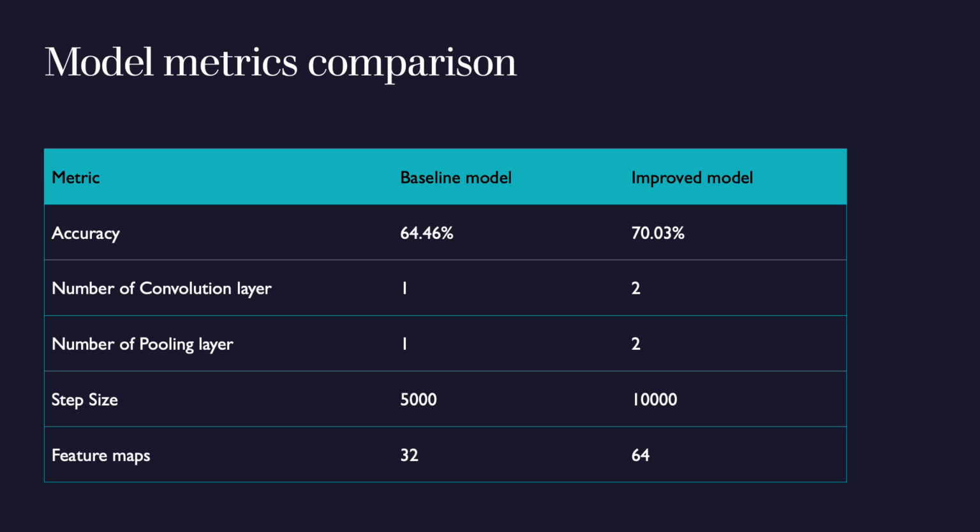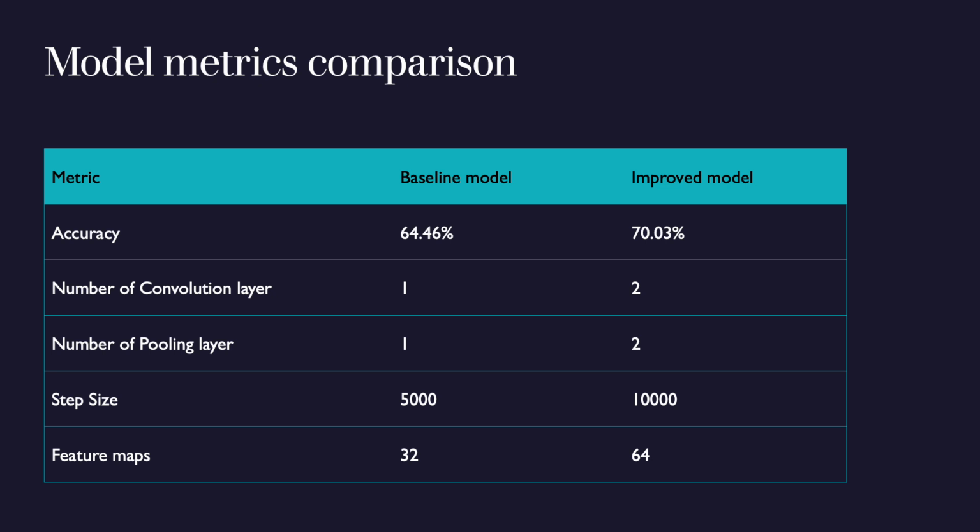In this slide, we can see the model metrics after implementing the base model of CNN and the improved model of CNN side by side. We have also added the model specifications for both the models. We can see that the improved model has captured 64 feature maps compared to the 32 feature maps for the baseline model.